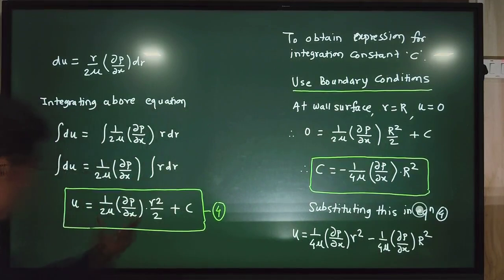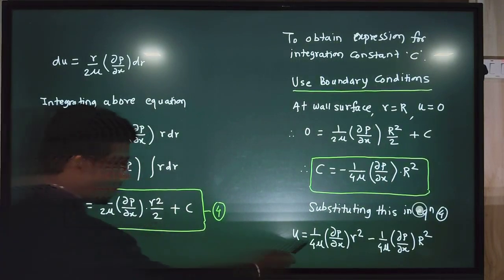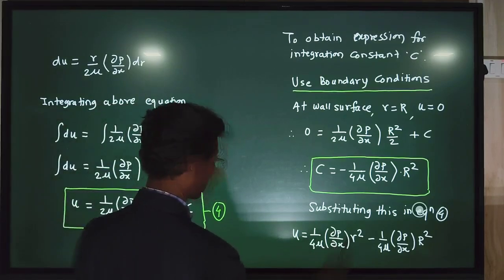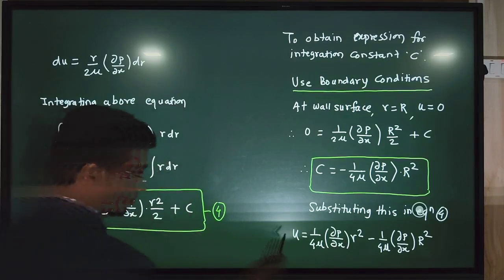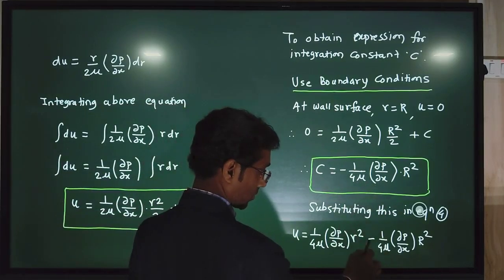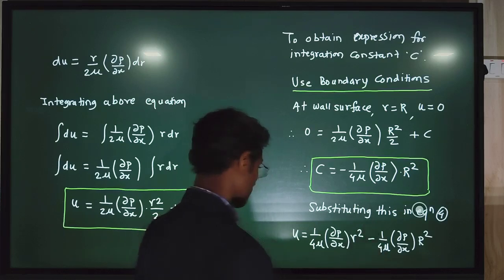Again in expression 4 we write this 2 mu into 2 together, that is 4 mu. So 1 upon 4 mu into the pressure gradient into small r square, minus the expression for c, this along with the minus sign.